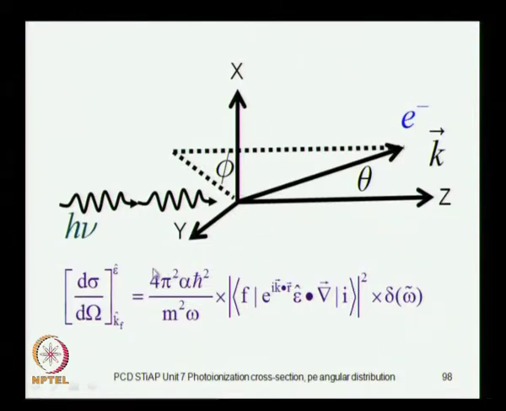For our consideration, kf is the unit vector along the photoelectron momentum as it escapes the atom. Then you express it in terms of this matrix element modulus squared, and essentially this is coming from time dependent perturbation theory and an application of Fermi's golden rule, as we discussed in our previous class.